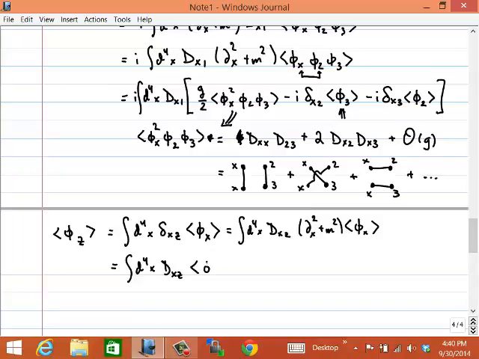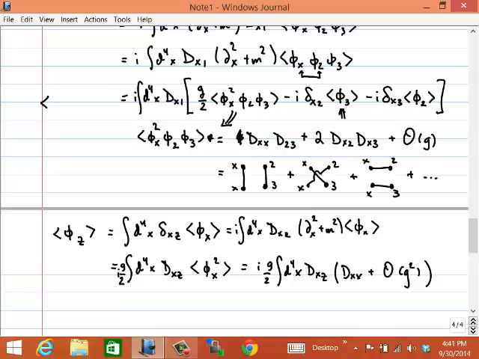It's just phi x squared times the coupling, so g over 2. Sorry, and there was an i here. So that's i, g over 2, times the integral d4x dxz times dxx, plus various terms that are in the phi cubed theory of order coupling squared. These are the terms that we were computing above. Okay.